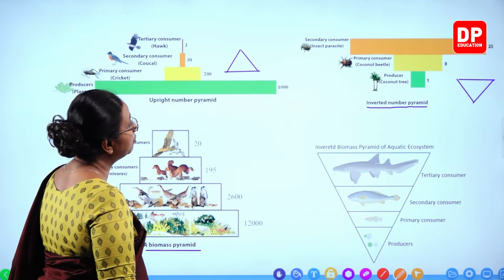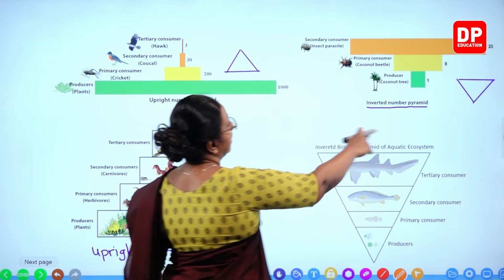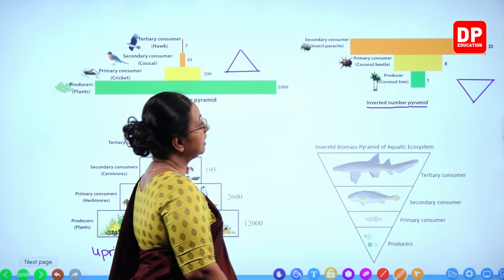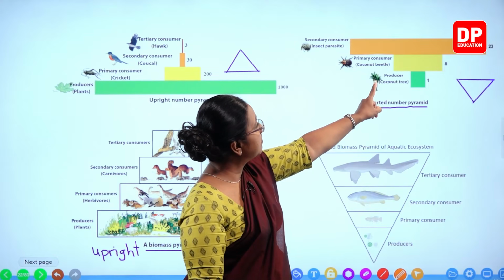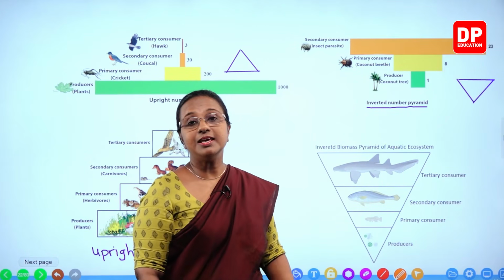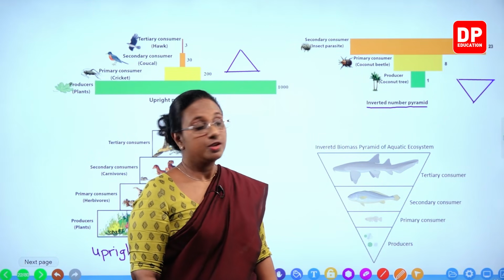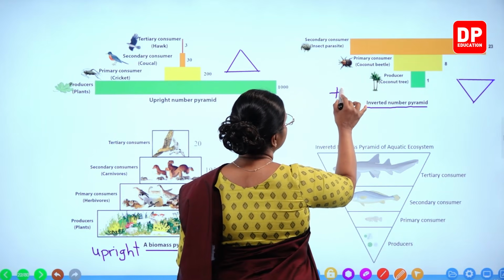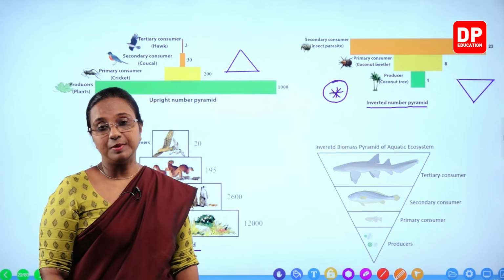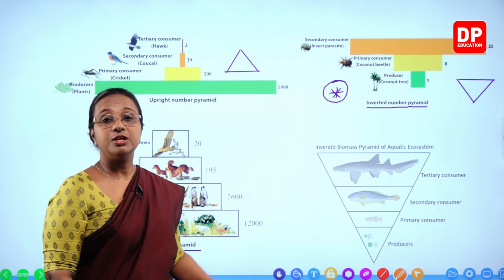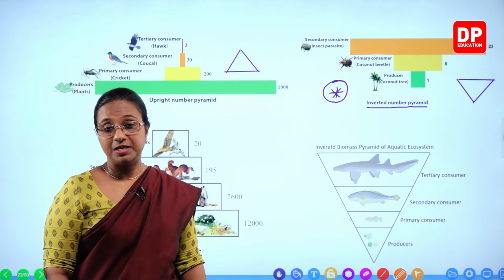So, where can you fit that? So, it has to be an inverted pyramid and also it is a number pyramid. So, from that only you can get this type of information.